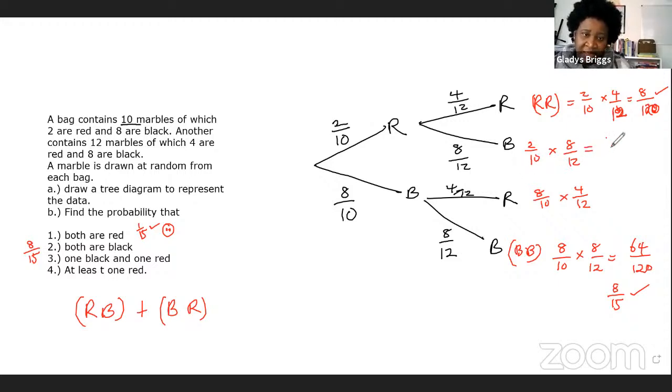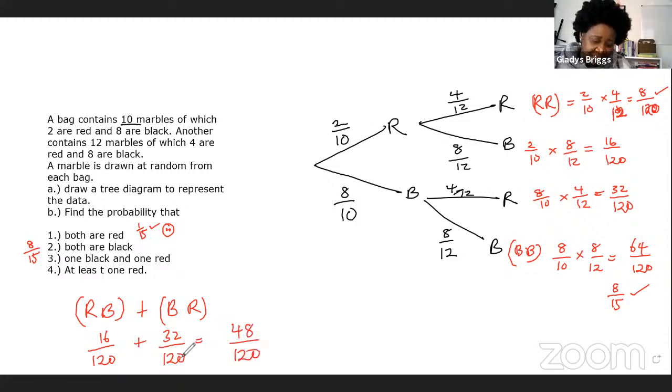This is 16 over 120. And this is 32 over 120. So we can write them here, which is equal to 48 over 120. That definitely goes into that. 2/5.